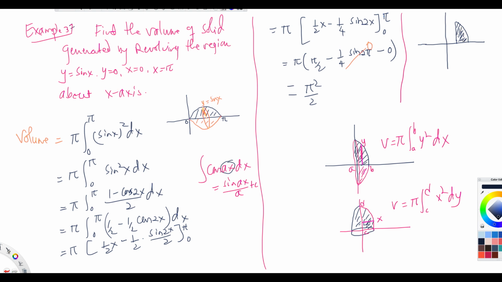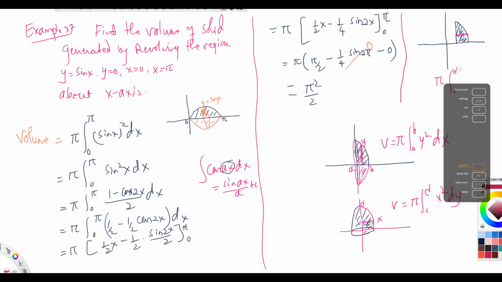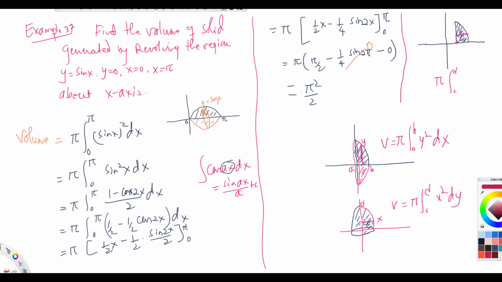Now, how do I find the radius? That will be the actual radius, and that will have a thickness. If you are rotating about the y-axis, then it will be pi, integral from c to d, where c is that value and d is that value of y, and then the thickness squared, which is the effective radius. How much is that?